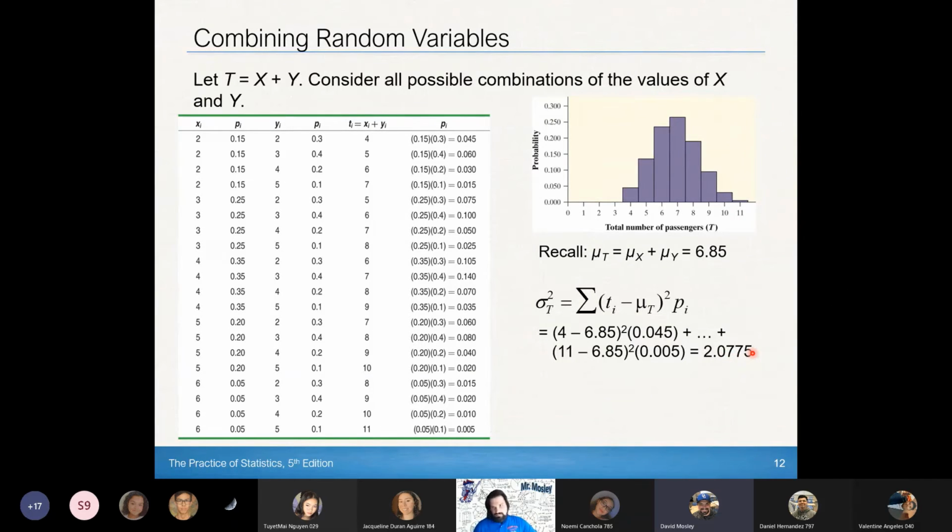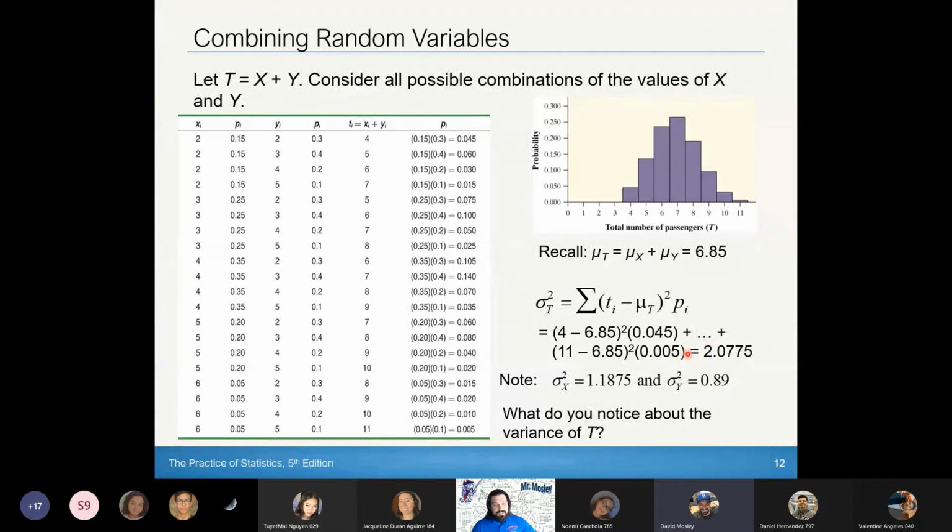This could take a while. However, we do have the following. The variance of x, which we got by just squaring the standard deviation of x from the previous slides, is 1.1875. And the variance of y, using the same method, squaring the standard deviation, we get 0.89. 1.1875 and 0.89 equal 2.0775.